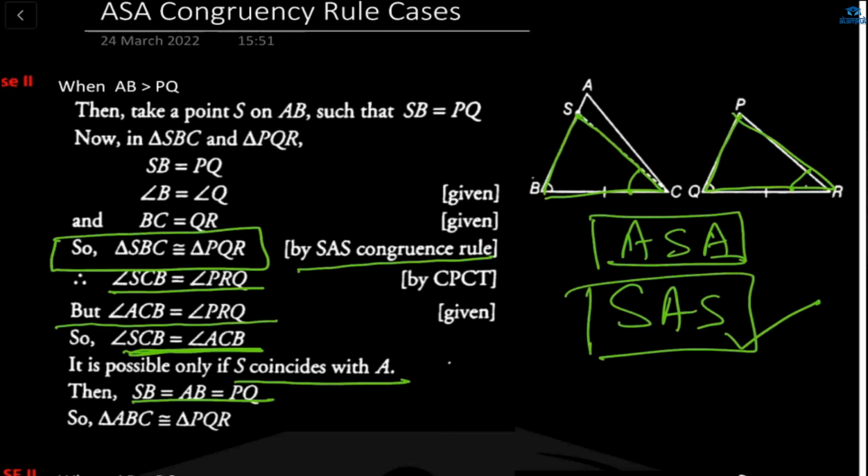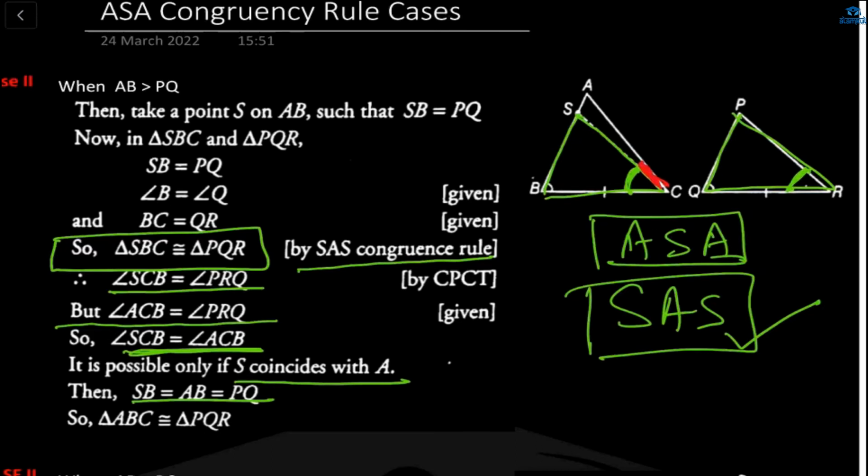If the two triangles are congruent, then from CPCT we can say that angle SCB is equal to angle PRQ. Now you can see some gap is left: as we are taking point C, the angle SCA is left.